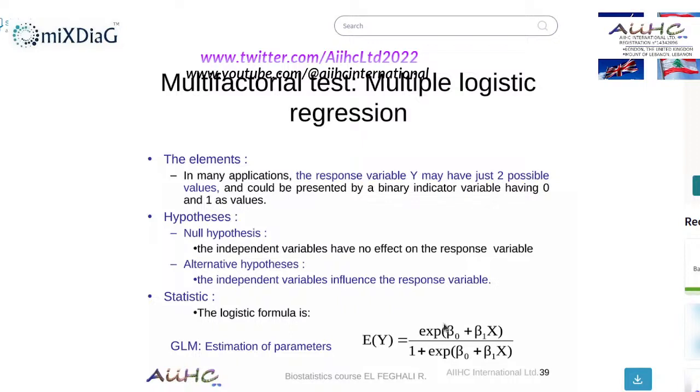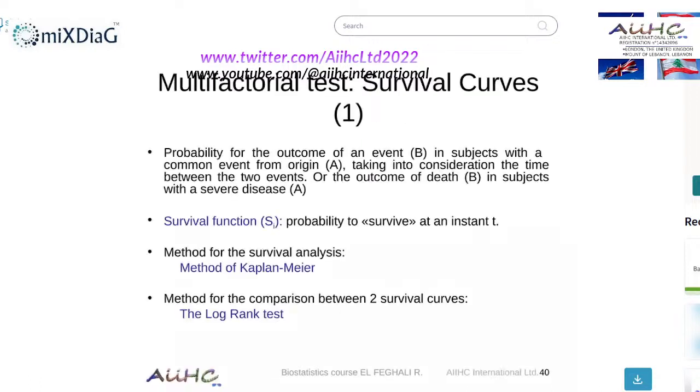And I've given, in fact, the formula here: exponential of beta 0 plus beta 1 x over 1 plus exponential of beta 0 plus beta 1 x, and so on. Survival curves is something else. It's a big chapter.